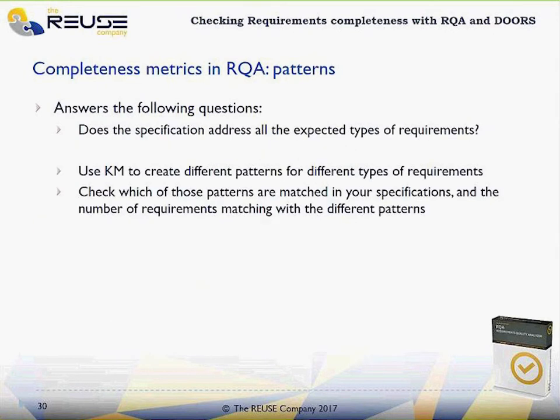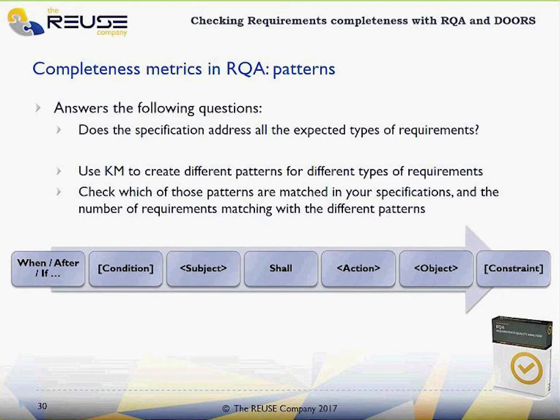The following block are metrics based on patterns. Sometimes, as I mentioned before, we tackle one specific dimension for our requirements, let's say the functional dimension, but we skip all the other dimensions, let's say safety, for instance. With the help of patterns, and for us a pattern is just a sequence of the different elements conforming a well-written requirement, we can identify what type of requirement you are dealing with for each of the requirements you write.